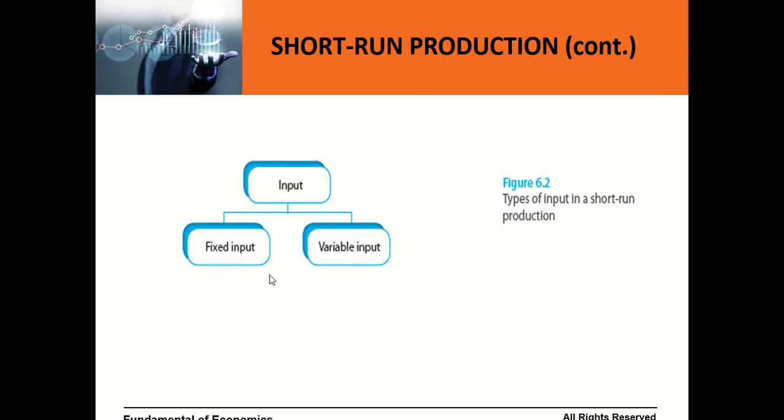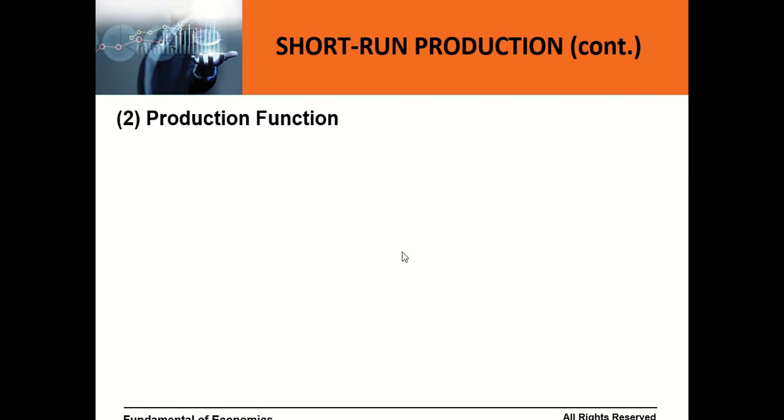That input remains the same in quantity, no matter what happens to the quantity of output. As for the variable input, as the output increases, the input also increases. The best way to show you is to understand the production function, and the relation between input and output.